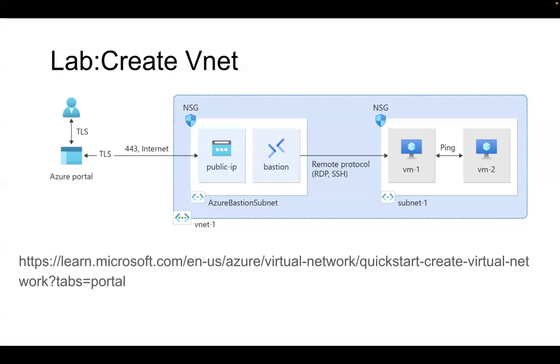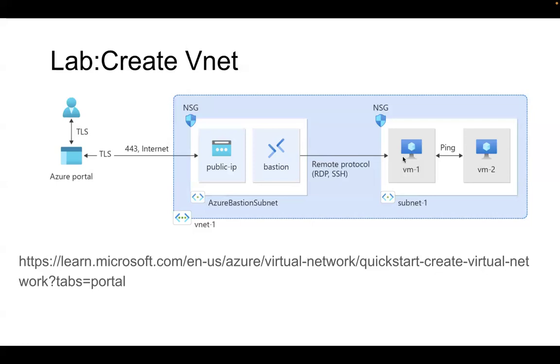So this is the lab which we are going to do. As part of this, we'll be creating a Bastion. Bastion is one of the services from Azure through which we can directly connect to the VMs. What happens if I want to connect to VM1?